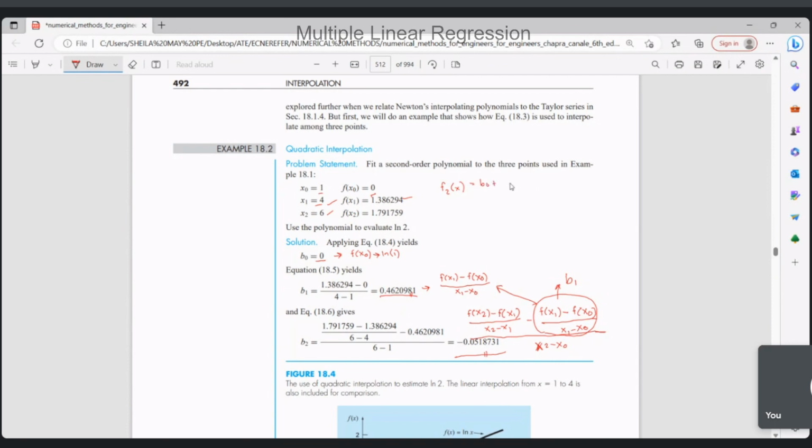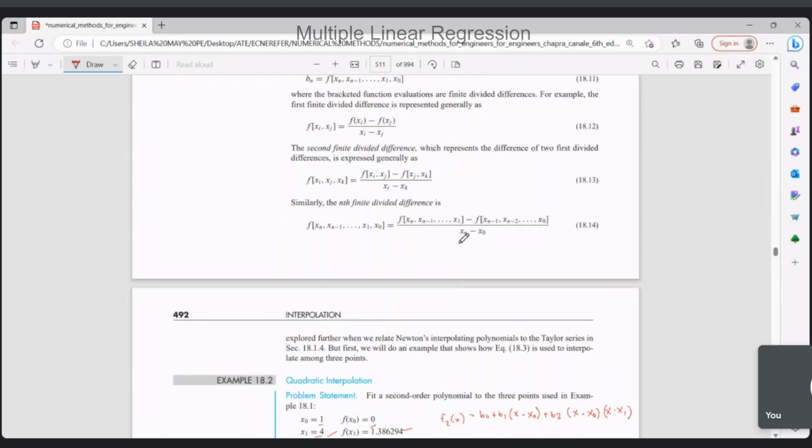B0 plus B1, sunod kay x minus x0, plus B2, x minus x0, x minus x1. Sakto ba, class? Yes, miss.